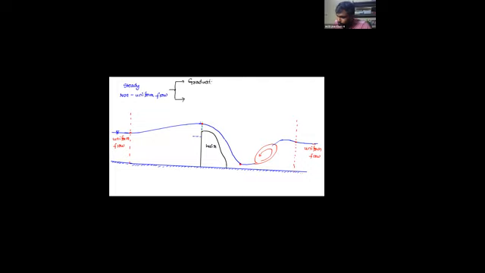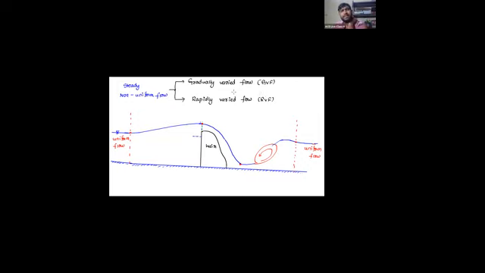In simple terms, GVF. And non-uniform flow can also be a rapidly varied flow. This is going to be RVF. Gradually varied flow and rapidly varied flow.